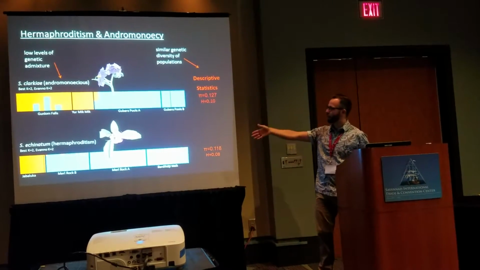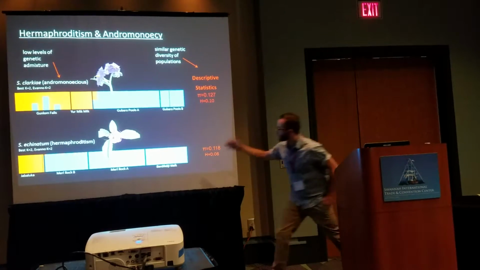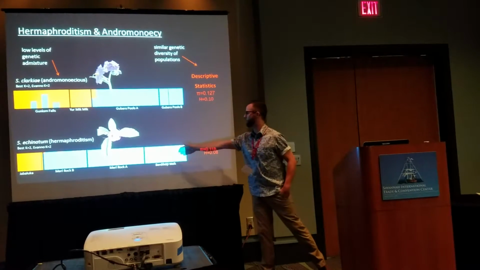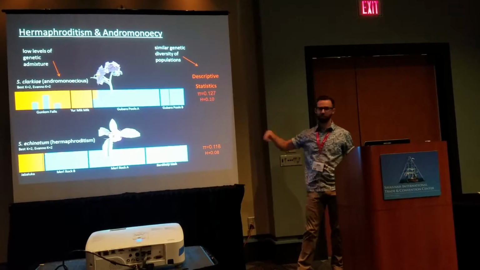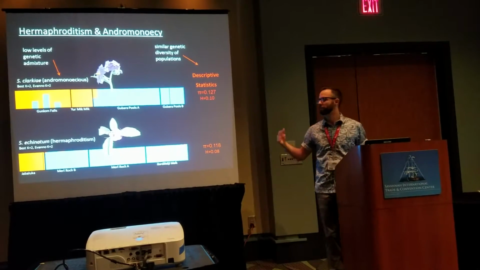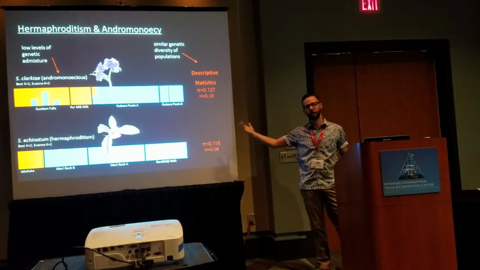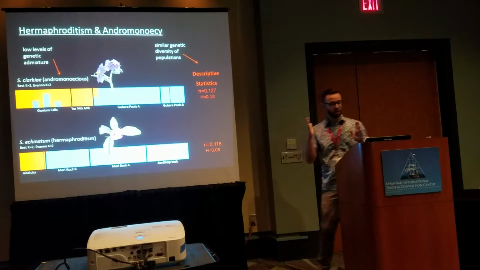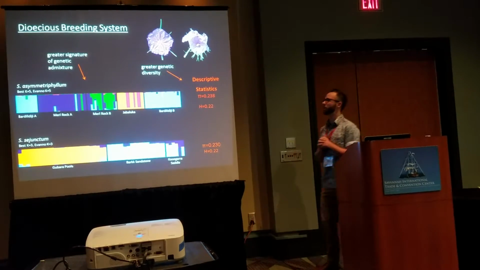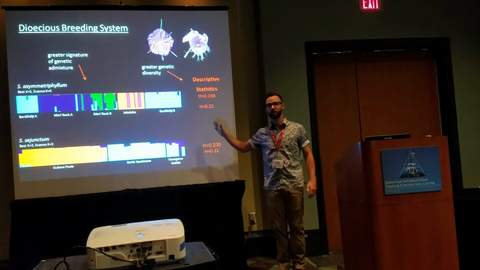And the vertical lines here, actually, on my computer I can see separations for each of the individuals, but the vertical lines actually represent an individual, and the colors represent a haplotype, more or less, is a better way to explain it. Now, what's really cool is if we look at the dioecious breeding system, we see a really different pattern.